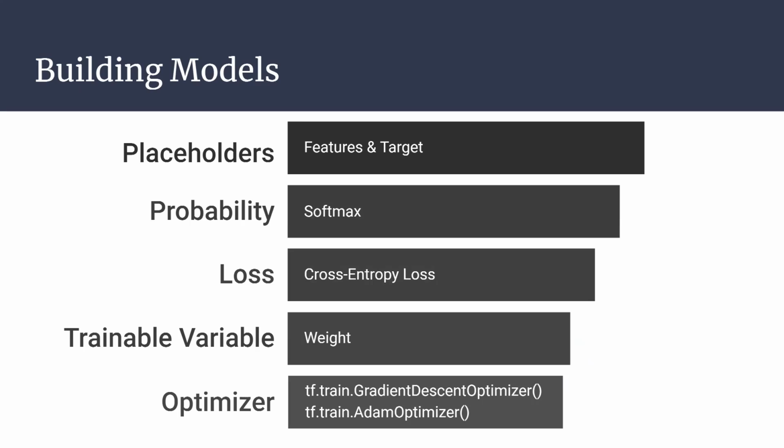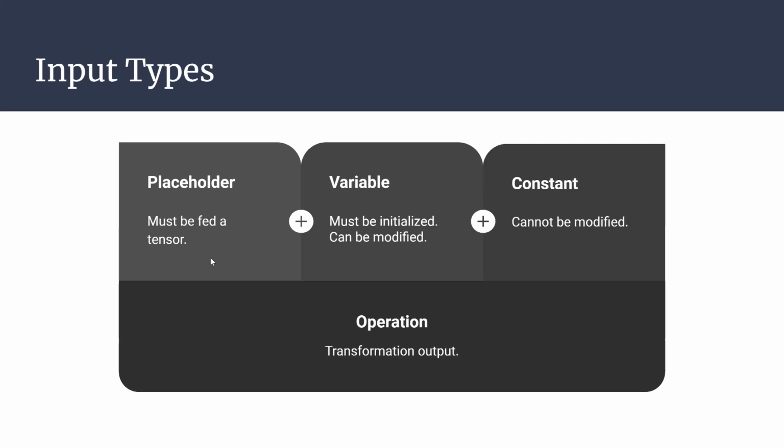Okay, so that was a quick intro of TensorFlow, and how we're going to apply this in our model, I've put some more details here. In a previous slide, we talked about placeholders. So let me also admit someone in the waiting room. They must be fed a tensor.